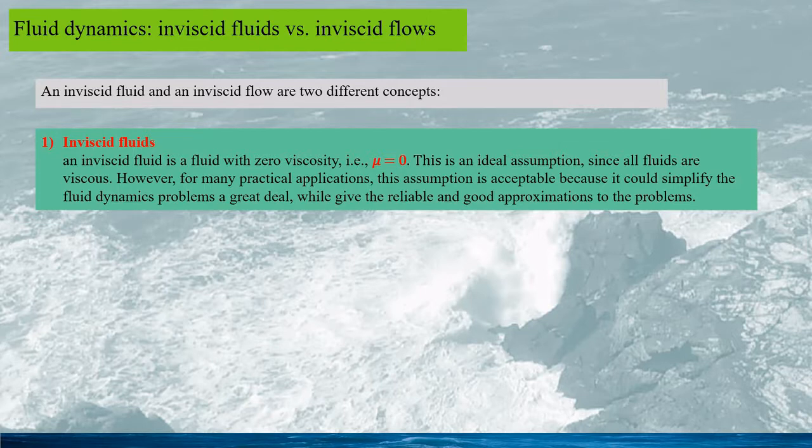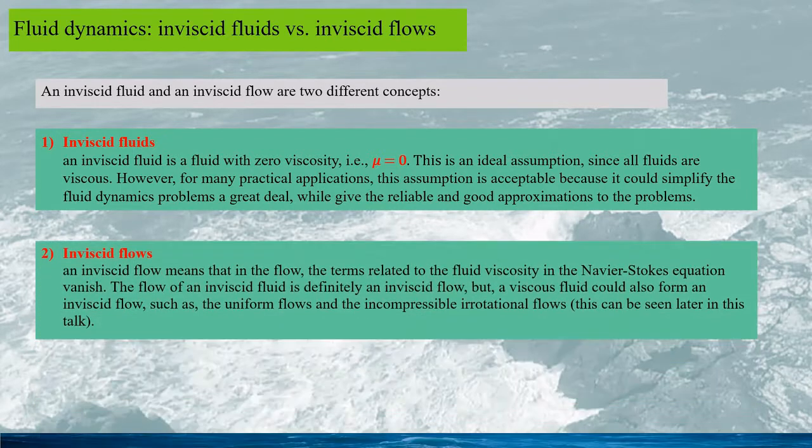This is an ideal assumption, since all fluids are viscous. However, for many practical applications, this assumption is acceptable because it could simplify the fluid dynamics a great deal, while it still gives very reliable and good approximations to the problem.